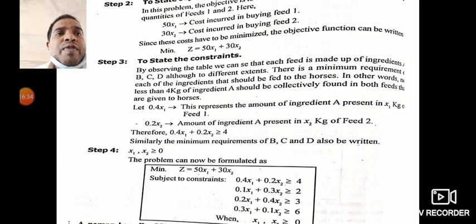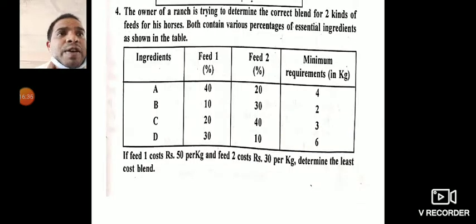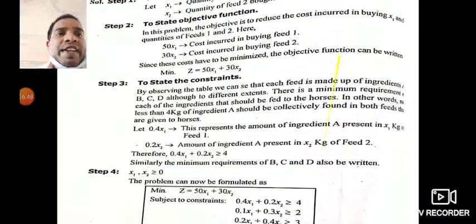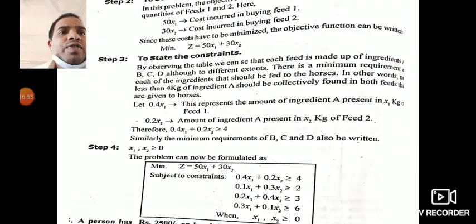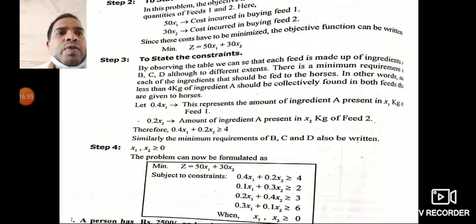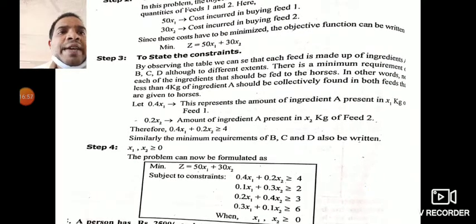Here he has given the minimum requirement in the last column: for ingredient A the minimum requirement is 4, ingredient B 2, ingredient C 3, D is 6, so you can use the greater than or equal sign here for the constraints. 0.4 x1 plus 0.2 x2 greater than or equals to 4 for ingredient A. For ingredient B, 0.1 x1 plus 0.3 x2 greater than or equals to 2.